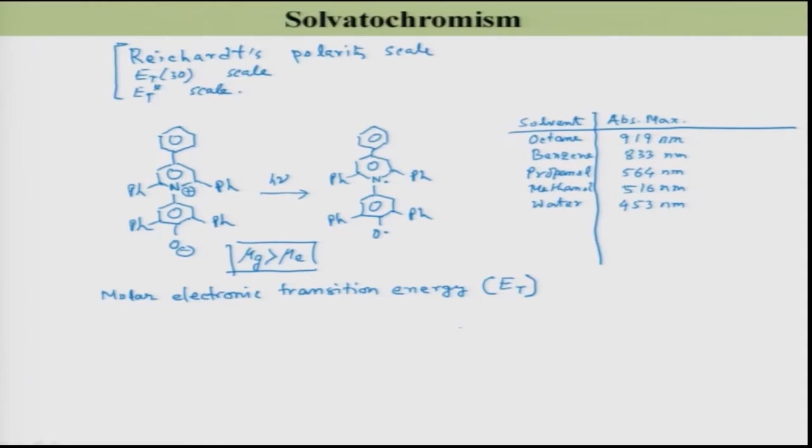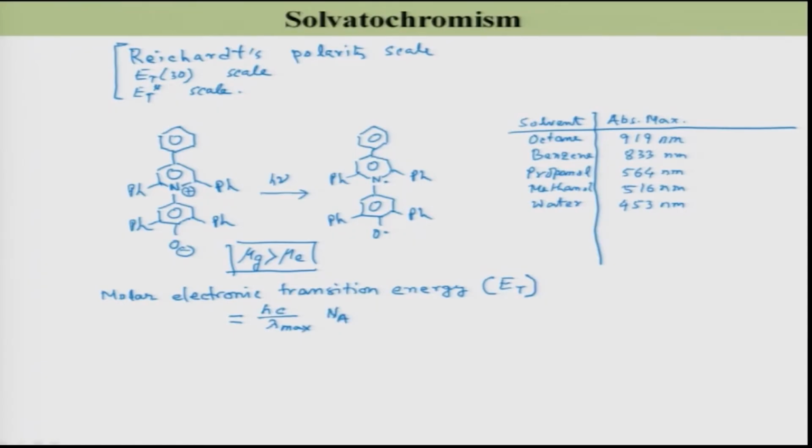Molar electronic transition energy, denoted as ET, is defined as how much energy is required for this electronic transition for 1 mole of the substance. That is nothing but h c divided by lambda max for a particular solvent, into Avogadro number.